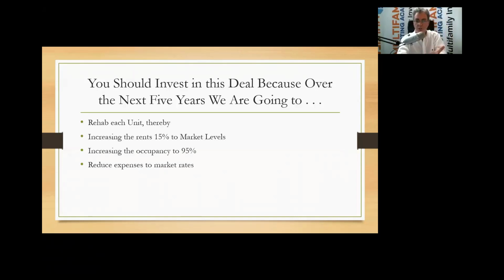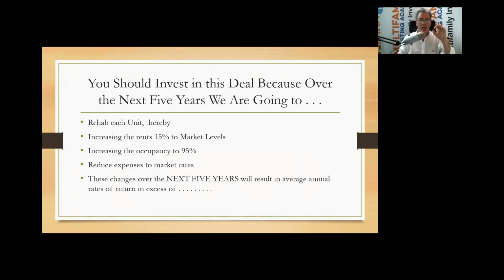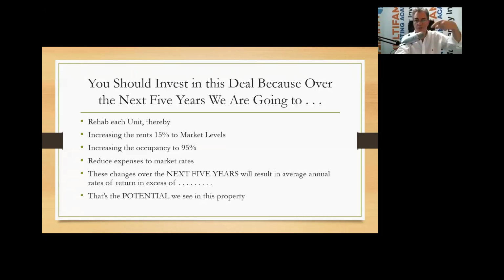We're going to be able to reduce the expenses to market rent rates because this owner has been running this property like it's an ATM and he hasn't done anything right. And we're going to, just by using rules of thumb for what a property's expense ratio should be, we can reduce the expenses by 10% of this property. That means that these changes over the next 5 years will result in an average annual rate of return in excess of, boom, answer the question. And that's the potential that we see in this property.